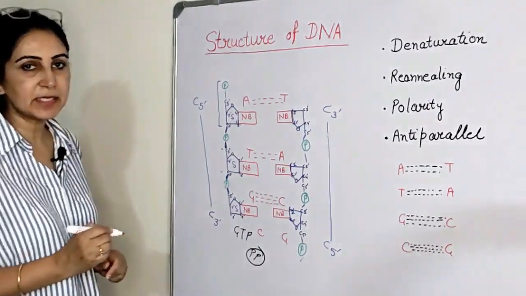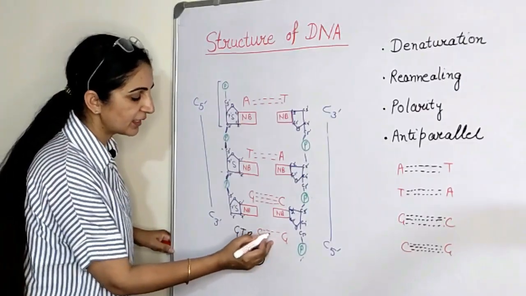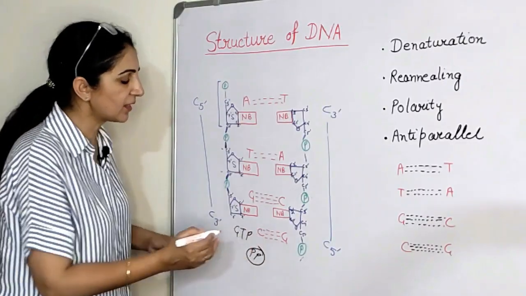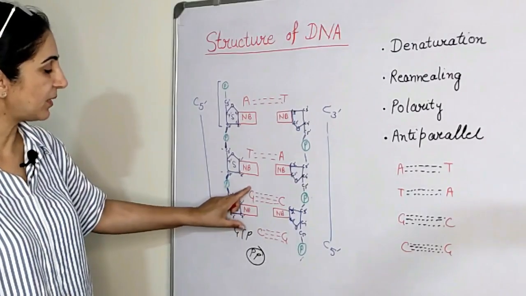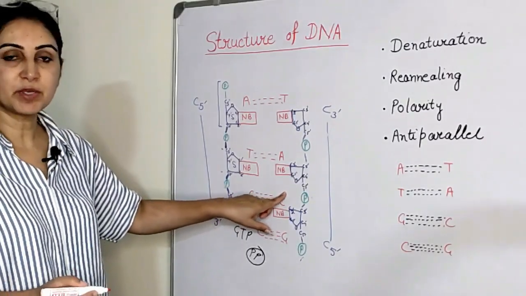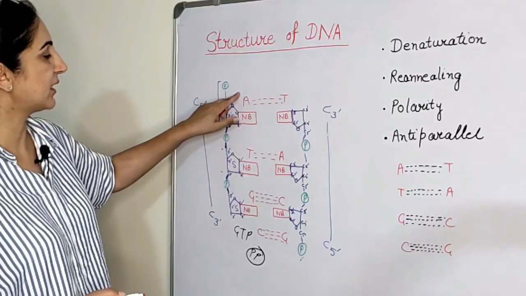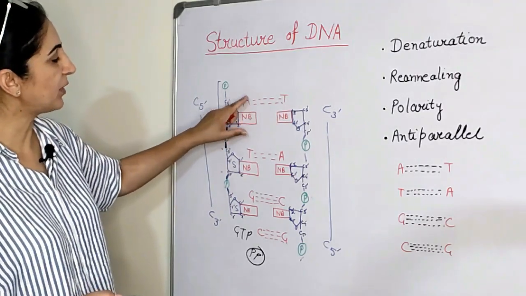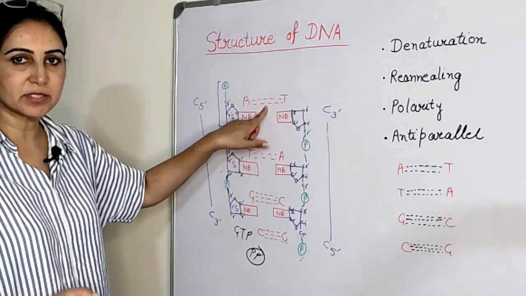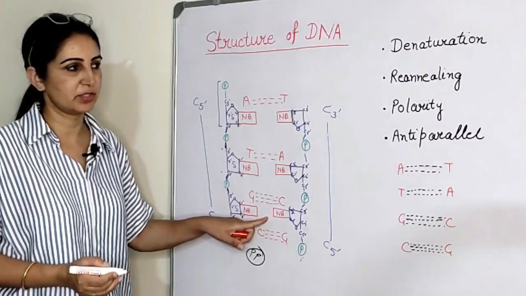So we can easily make out that the areas of DNA where there is abundant GC pair are difficult to break as compared to areas of DNA where there is more of AT pair. Why? Because AT pair has only two hydrogen bonds, but GC pair always has three hydrogen bonds.